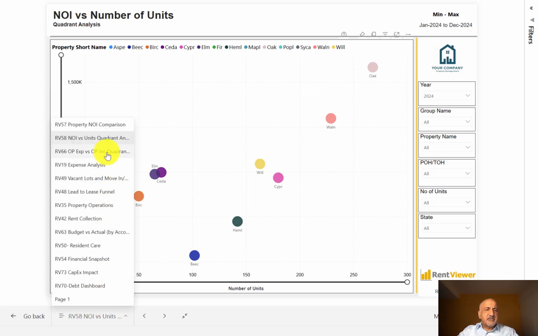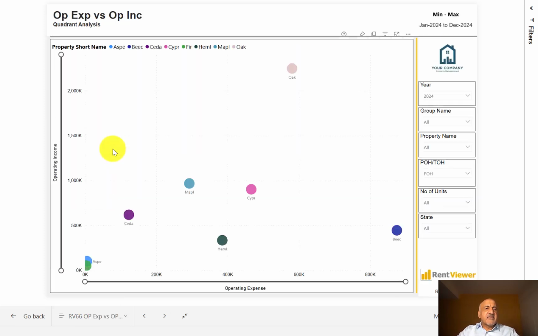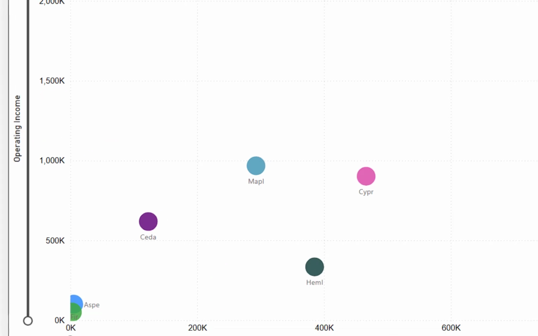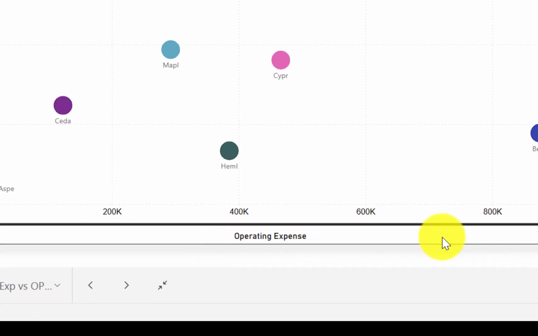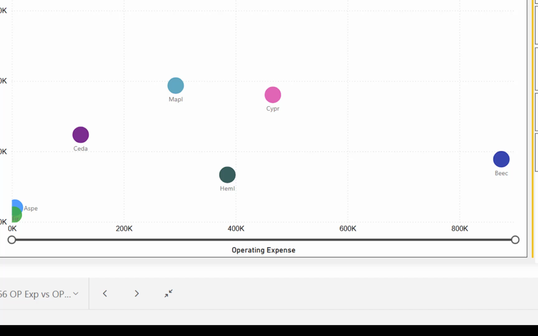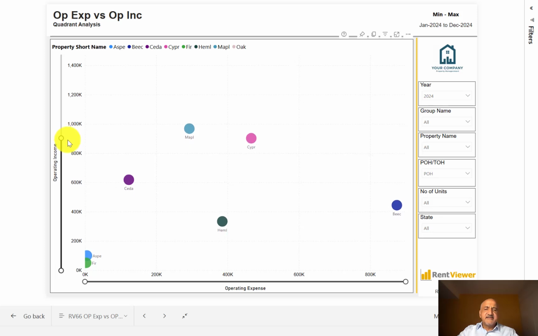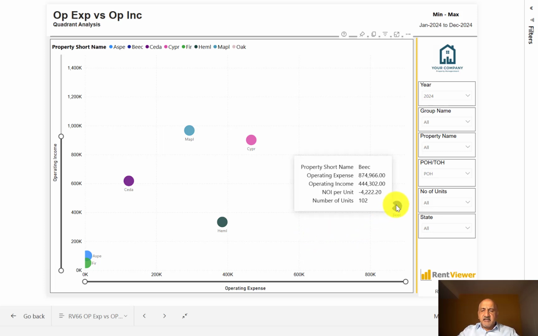Another plot I'm going to look at is operating income and operating expense. On the vertical side, I have my operating income, and on the horizontal is the operating expense. I can adjust this so that I can just focus on the properties I'm interested in, because I did see a couple that seem to be in the negative, and I want to pay more attention to them. So here they are again.